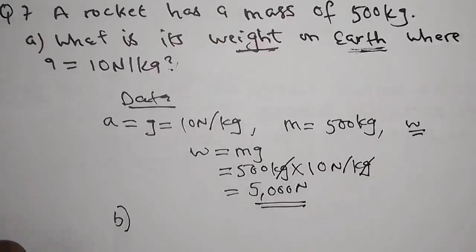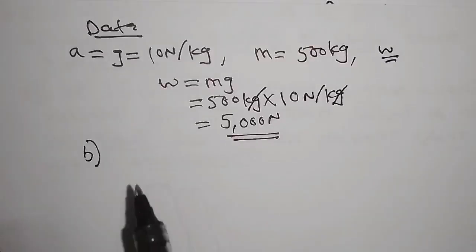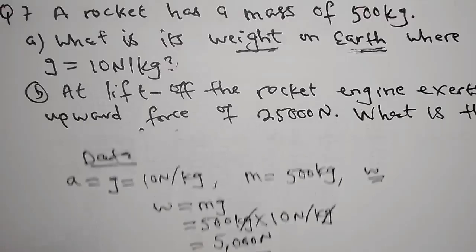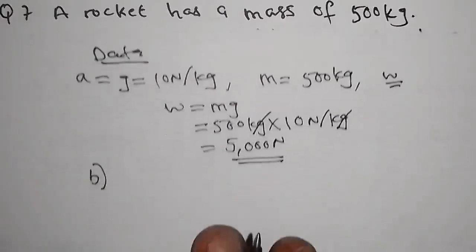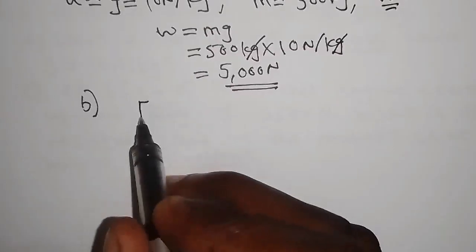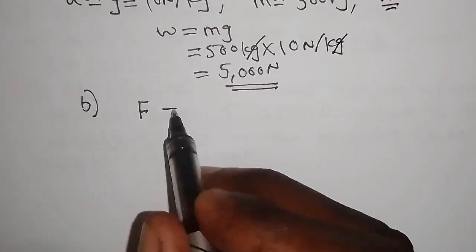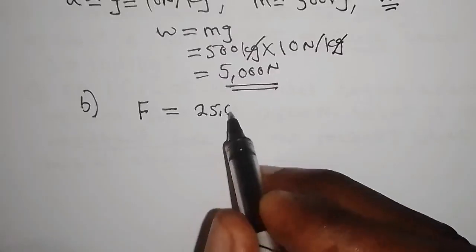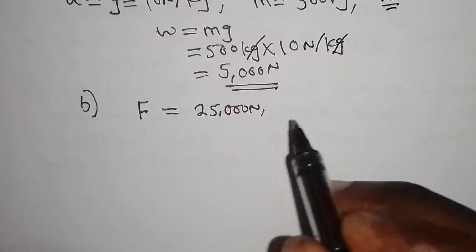So we have been told that this rocket has got the force at lift off. Okay, so this is Newton's third law. So the force at lift off is 25,000 Newton.